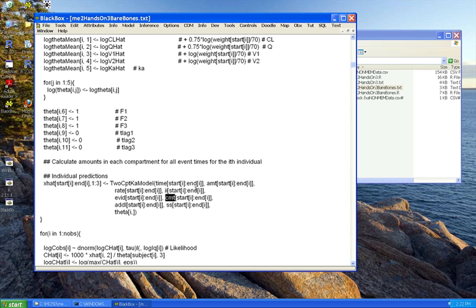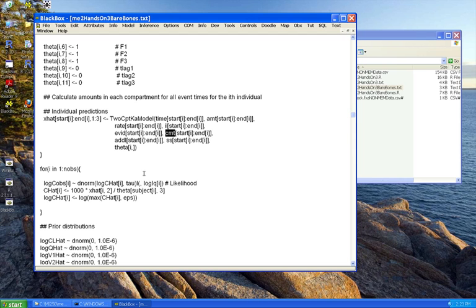But in terms of observation events, if you're in NONMEM, it's important because that's going to determine how it calculates the value f that it returns. In this case, it's going to be returning the amounts in all of the compartments, regardless of what the value of CMT is. So in a sense, CMT is irrelevant for observation events. Okay, so that takes care of calculating our amounts.